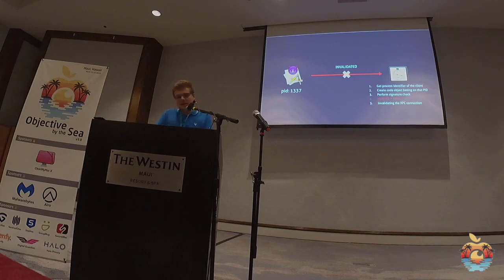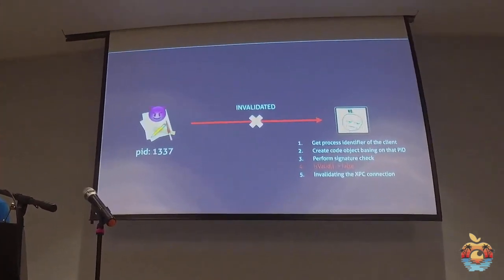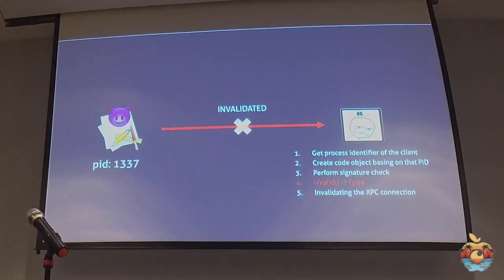And let's look at the general validation algorithm. In the first point, we get the process identifier of the client, and then we create the code object based on that process identifier. We perform the signature check, which will of course fail because the signature doesn't match for the malicious application, and we invalidate the XPC connection.